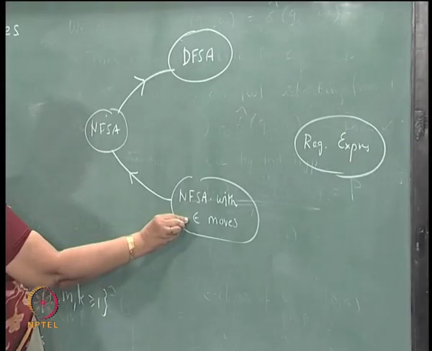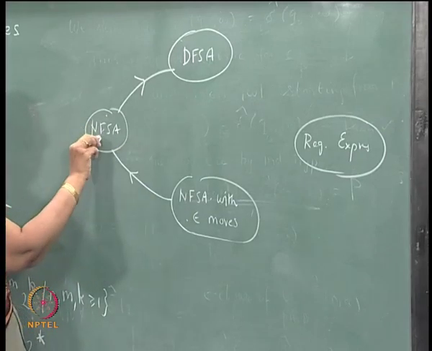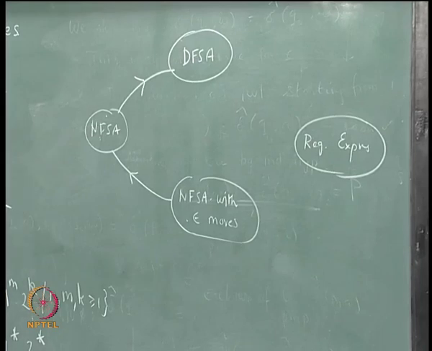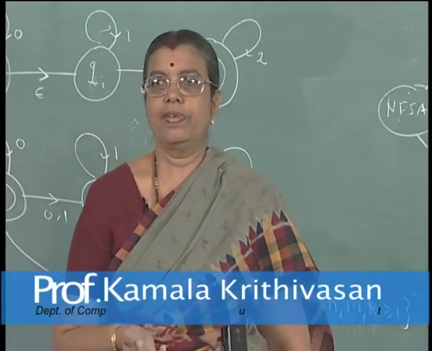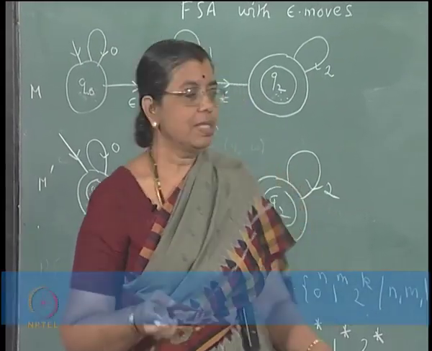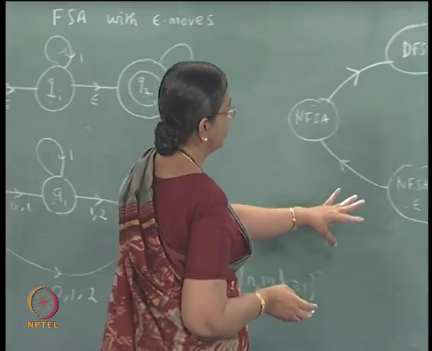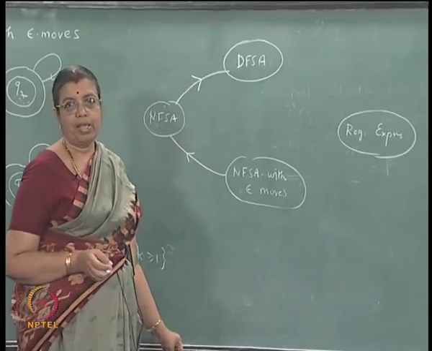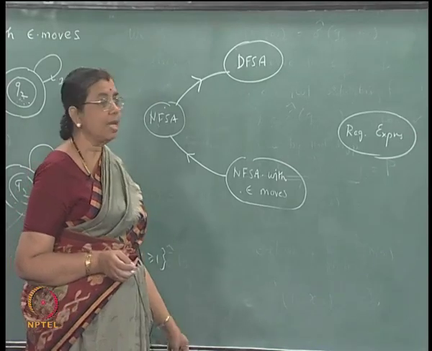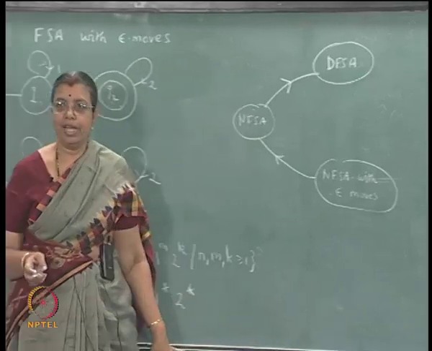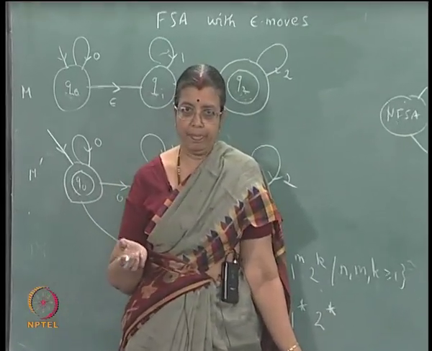So, given an NFSA with epsilon moves, you can construct an NFSA without epsilon moves, and from that you can construct a DFSA. But if you are given a problem to construct a DFSA, it is better to start straight away constructing the DFSA, because otherwise it will take a lot of time, and the number of states may be very large, because from n you may go up to 2 power n.